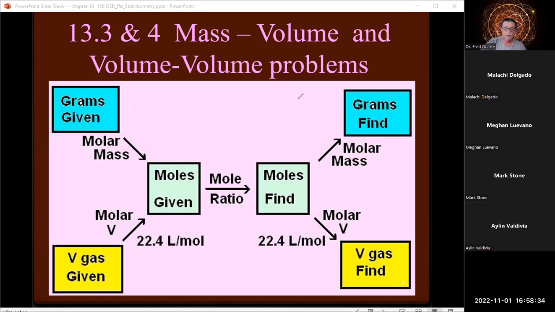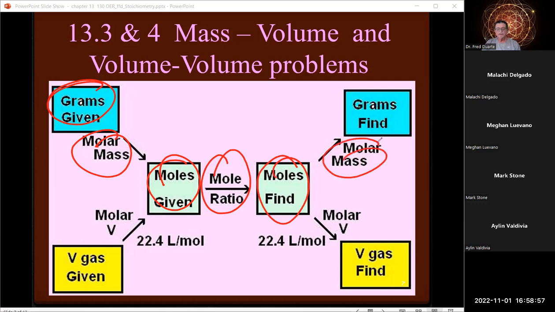Like what we just did: we started off with grams given, we had the molar mass that gives us the moles given. Based on the mole ratio of the chemical reaction, it tells us how many moles of what we're looking for, and then based on its molar mass, it gives us how many grams. We convert that to grams of what we're looking for. So that's the type of process.